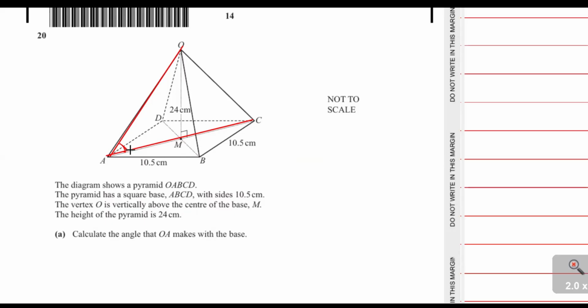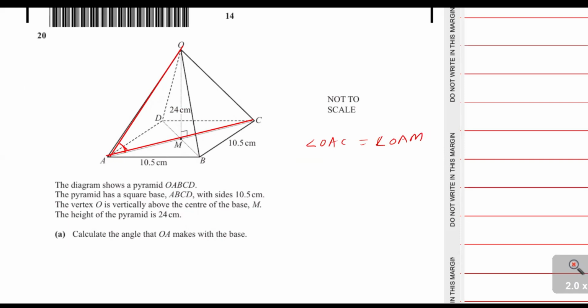Therefore, we calculate this angle. Look here, this angle OAC is equal to angle OAM, and we can calculate the angle OAM.